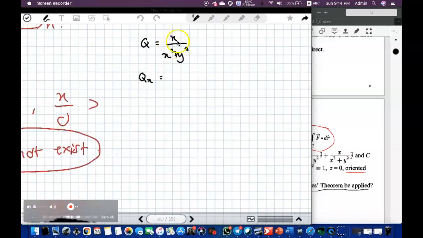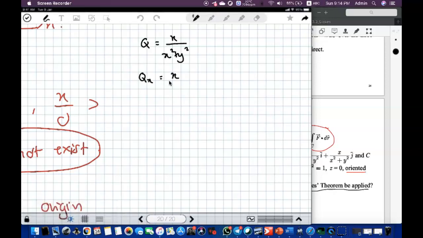So this is your Q, we differentiate with respect to x, so it looks like we have to apply the quotient rule. So v du/dx will give you 1 times x squared plus y squared, minus u dv/dx, you got 2x, over x squared plus y squared, squared.